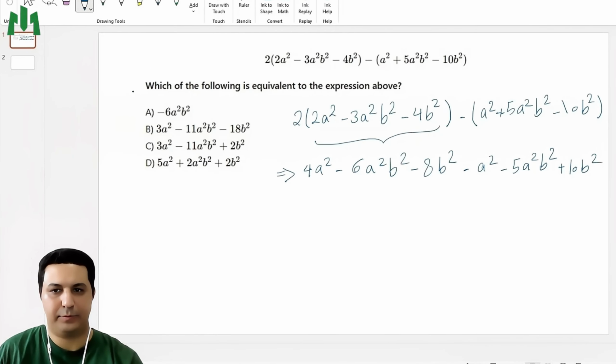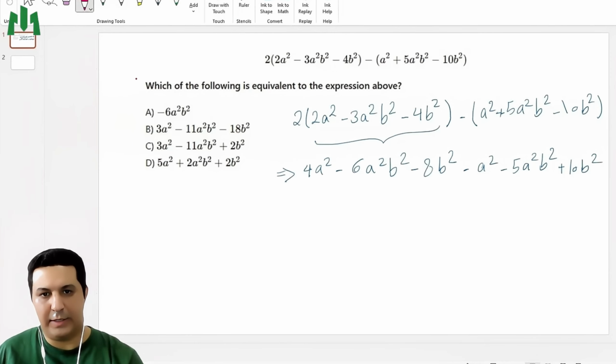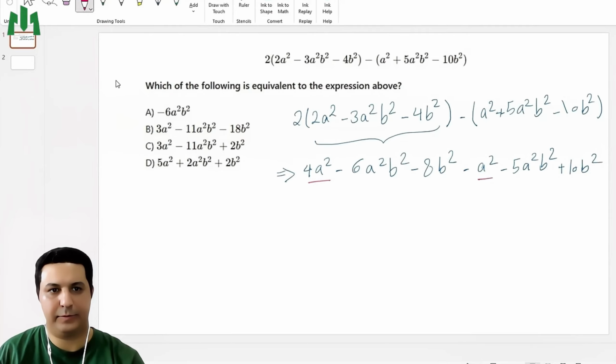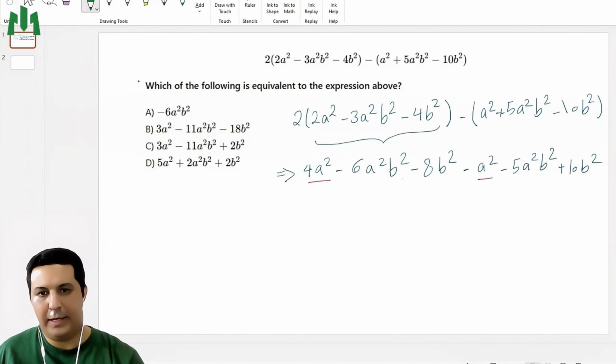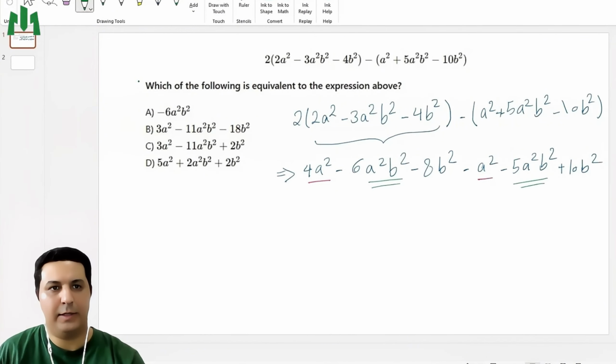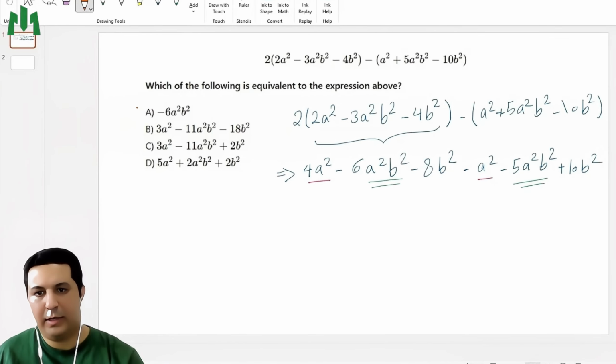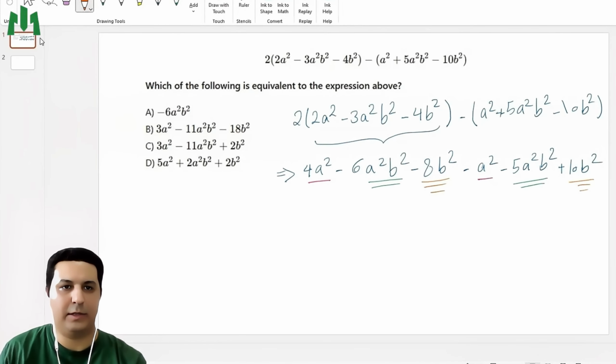So right now, look at this. I'm going to change the color, and then you can see a2 and a2 together, a2b2 and a2b2 together, and the other one, b2 and b2 together.